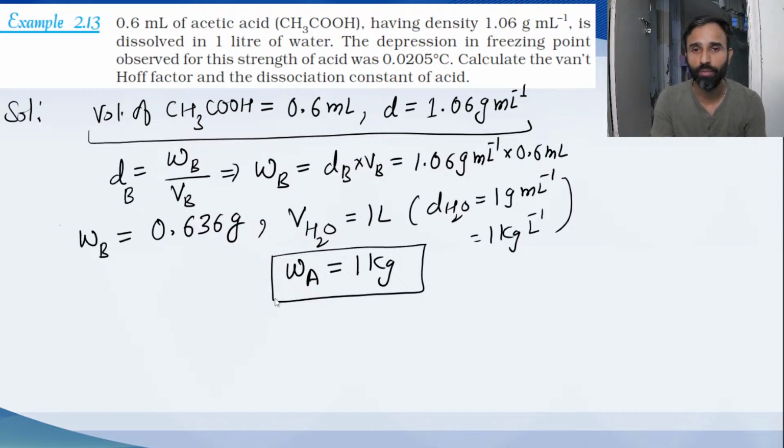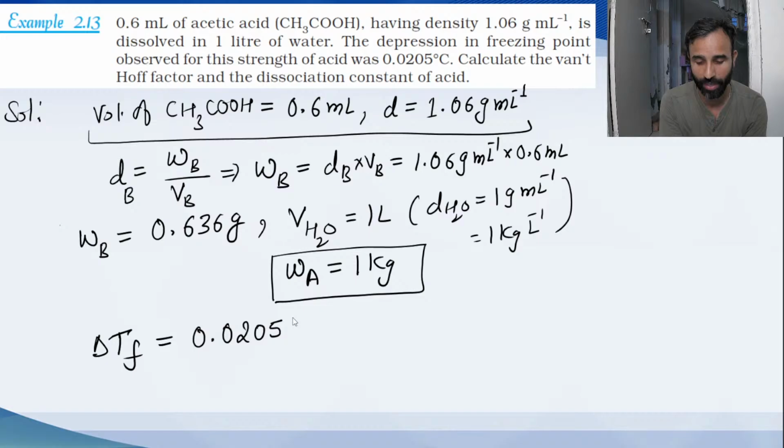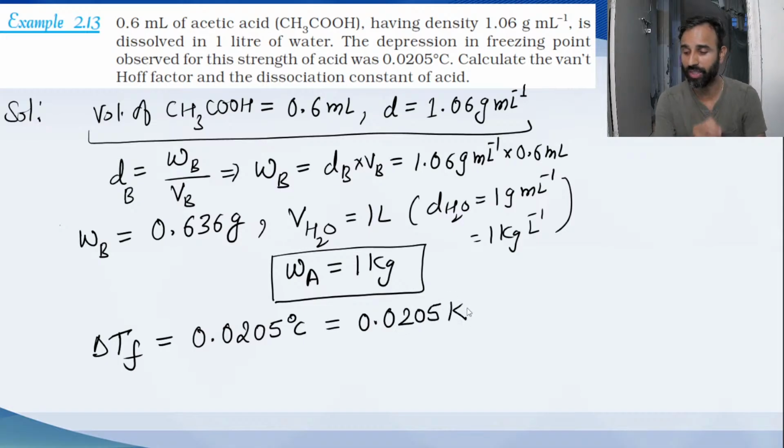Okay. Now depression in freezing point observed for this strength of acid was 0.0205 degrees Celsius. So depression in freezing point, delta TF, is equal to 0.0205 degrees Celsius. You know, depression in freezing point is a change in temperature, which is the same in degrees Celsius as well as Kelvin.